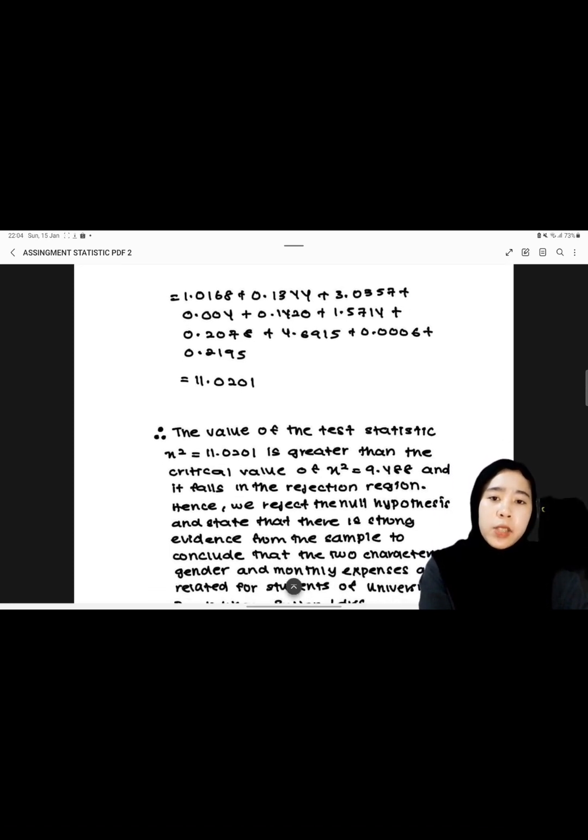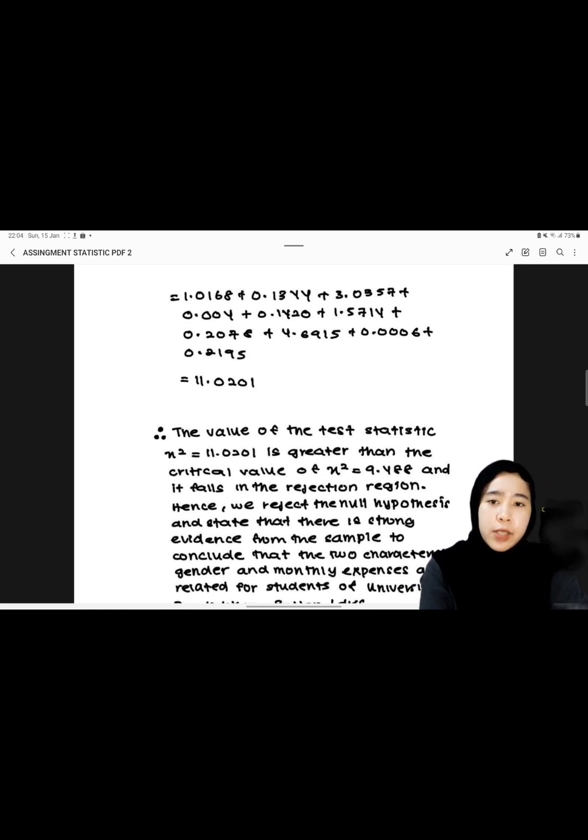So the conclusion is the value of the test statistic, chi-square, we got 11.0201, is greater than the critical value, which is chi-square equal to 9.488, and it falls in the rejection region.